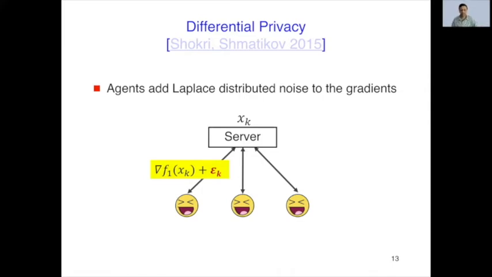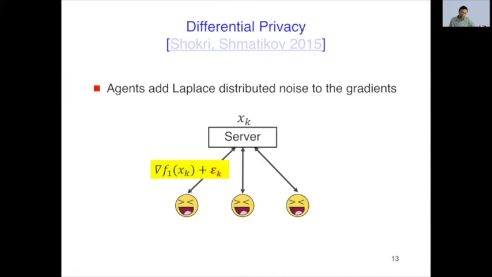And normally, those agents will send their own gradient, the gradient of their own cost function, to the server in each iteration. For example, agent 1 will send gradient of function f1 at xk in the kth iteration. Or if it is stochastic gradient descent, then it will send a stochastic gradient for function f1 at xk in that iteration. But the stochastic gradient is such that the expected error of the gradient will be 0. So it's an unbiased estimate of the gradient.